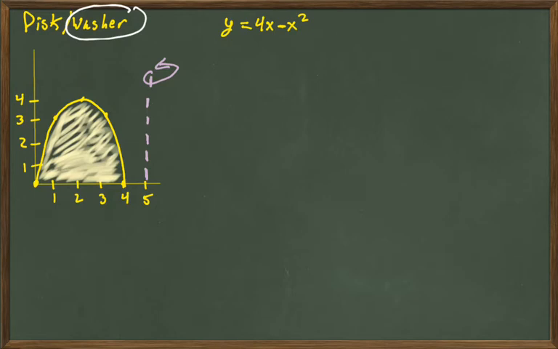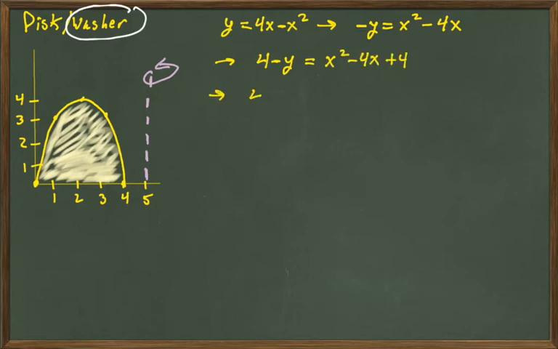So we're going to complete the square. Now, to complete the square is easier if your x squared is positive. So we're going to go ahead and multiply by negative 1. So negative y is equal to x squared minus 4x. Your linear coefficient is negative 4. Divide that by 2, and that's negative 2, and square that. So what we're going to do is we're going to add 4 to both sides. So 4 minus y equals x squared minus 4x plus 4.